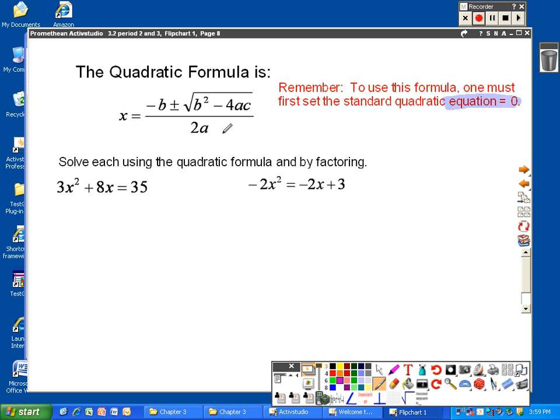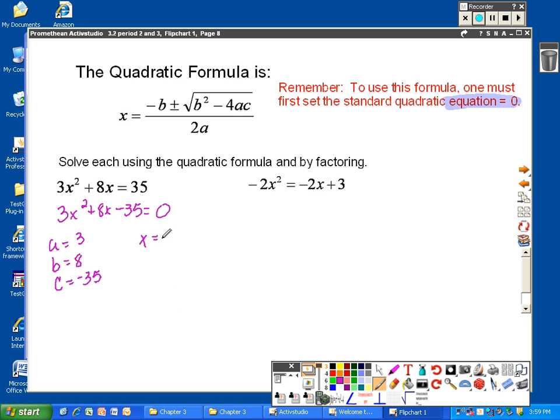So, to solve this, we would first subtract the 35. 3x squared plus 8x minus 35 equals 0. And then a is 3, b is 8, and c is negative 35.